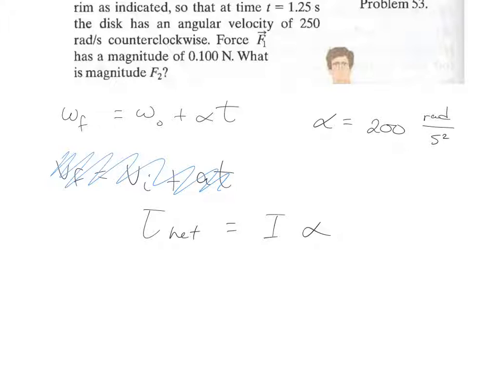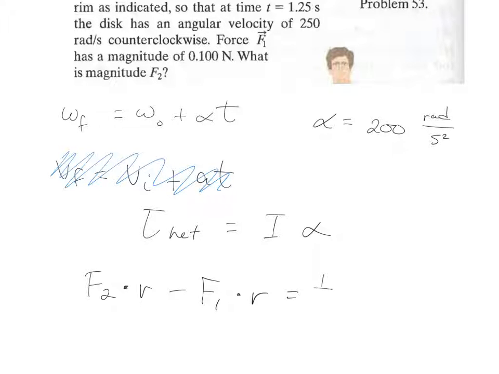So I've got F2 times the radius r, and they're both perpendicular, which is wonderful. Whenever tangent to a circle, it's always perpendicular, right? That always works out nicely. Is the radius given in this case? I think it is, so we'll just put r for now. Minus F1 times r again, and that's going to equal I times alpha.